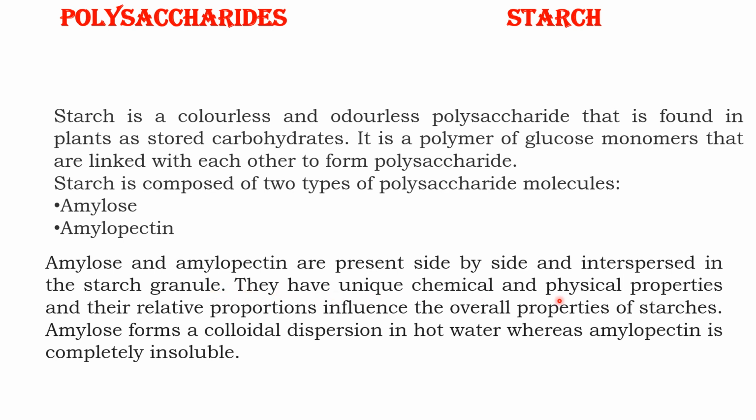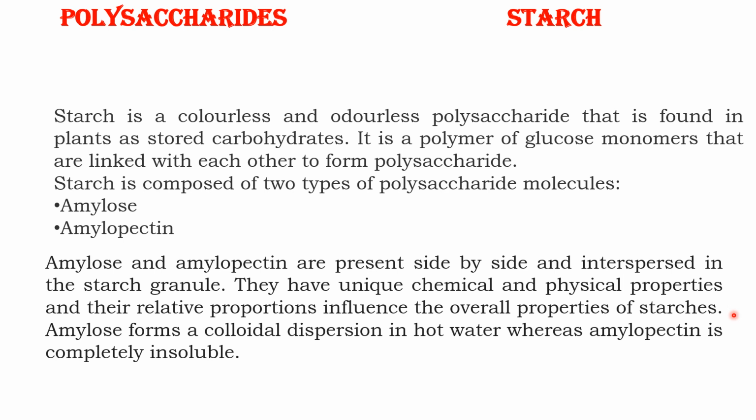They have unique chemical and physical properties, and their relative properties influence the overall properties of starch. So we have to see what is the difference between amylose and amylopectin now.